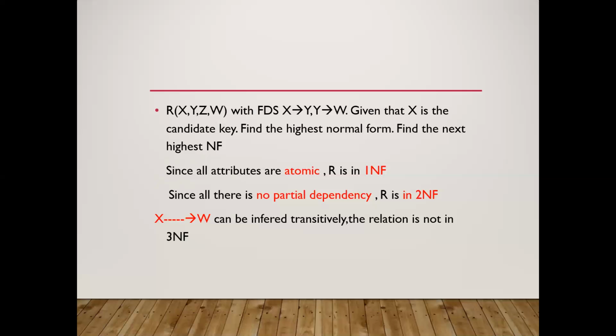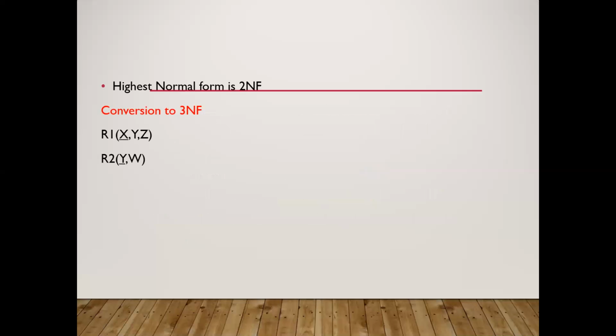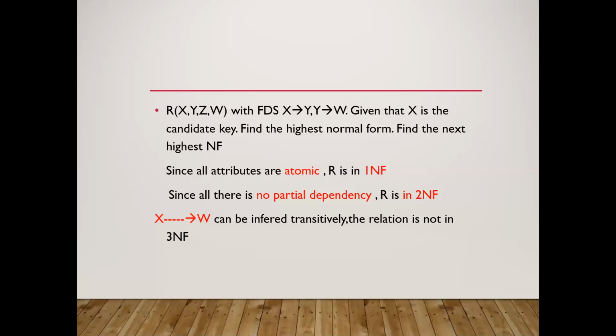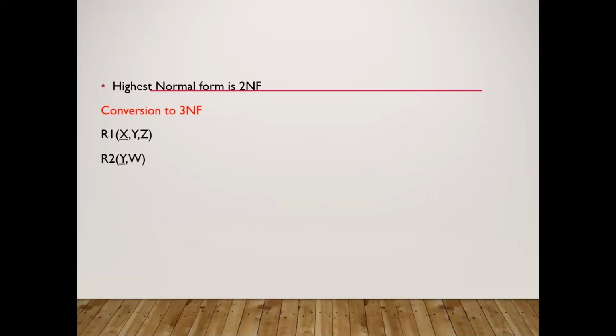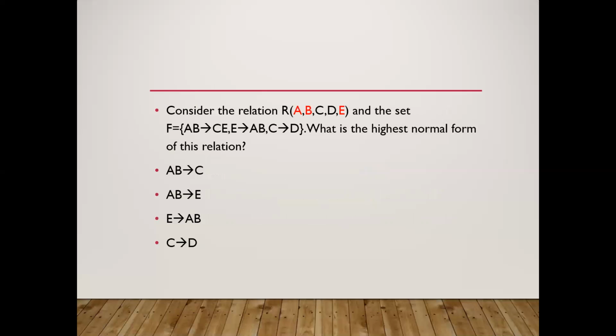So the relation is not in 3NF. How to convert? We can put YW in another relation. So the first relation R1 contains XZY with X as the key, and the second relation YW with Y as the key.